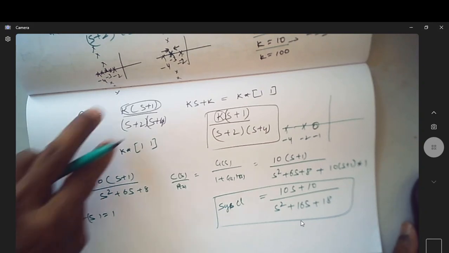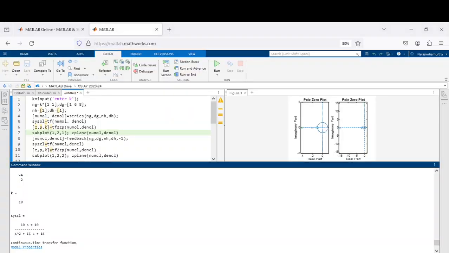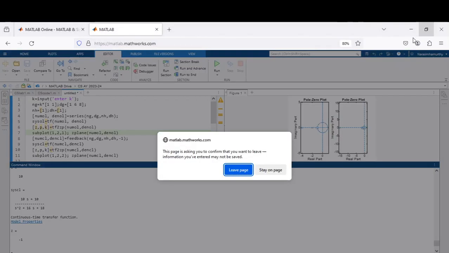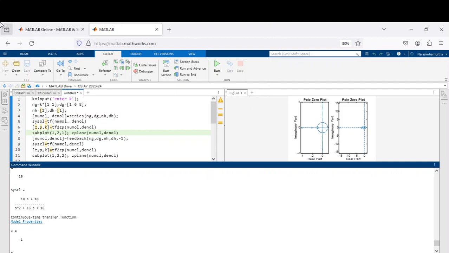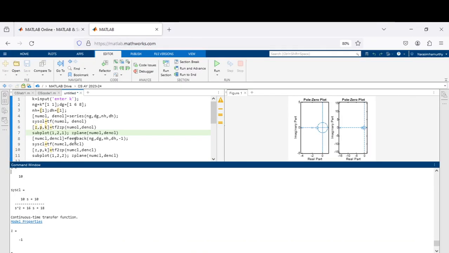Let us keep an eye on this. Please write this transfer function and have a look. Can you see, is this not 10s plus 10 by s square plus 16s plus 18? This is as per this. Now let us stay on the page.